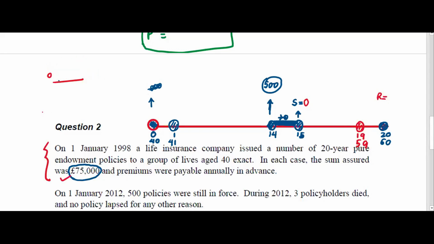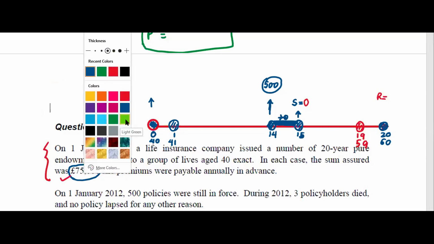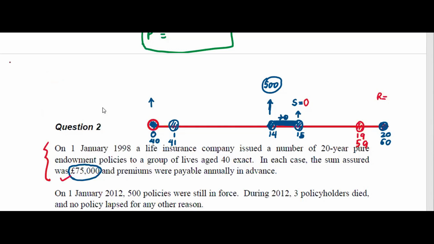Let me write the mortality profit formula here. You have to write the number of people that we got into the probability of dying.